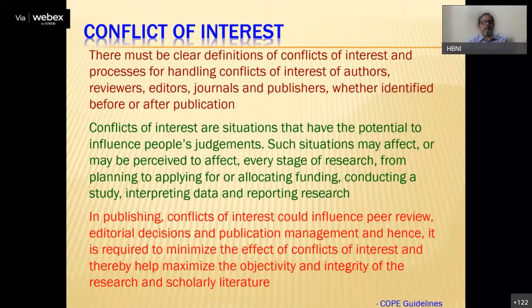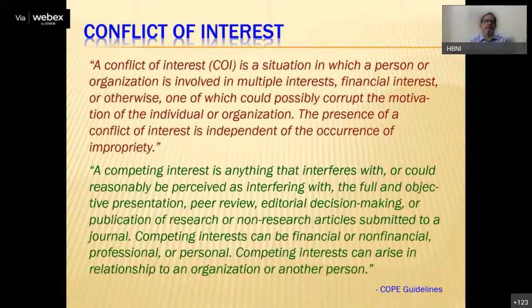We'll see how in various ways this conflict of interest manifests itself in the whole research and publication process. So conflict of interest is a situation in which a person or an organization is involved in multiple interests, financial or otherwise, one of which could possibly corrupt the motivation of that individual or organization. So the presence of a conflict of interest is independent of the occurrence of impropriety.